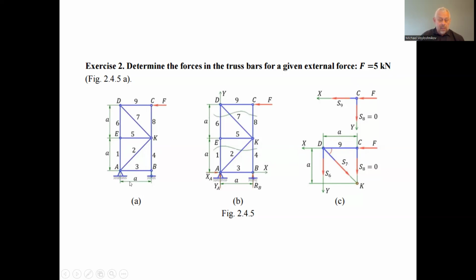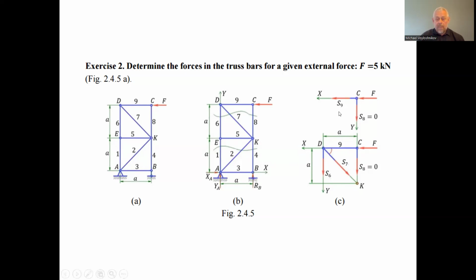The sizes of this truss are not assigned, but we just know that the segments are equal to a. So we can use the methods of cutting knots and the method of sections for determination of the forces acting on the rods.